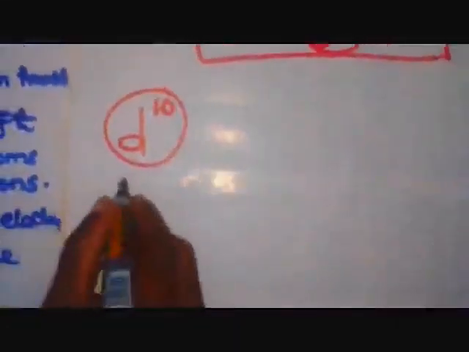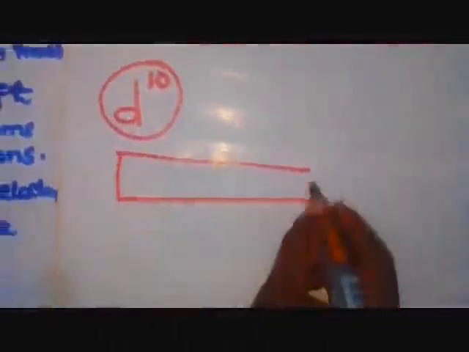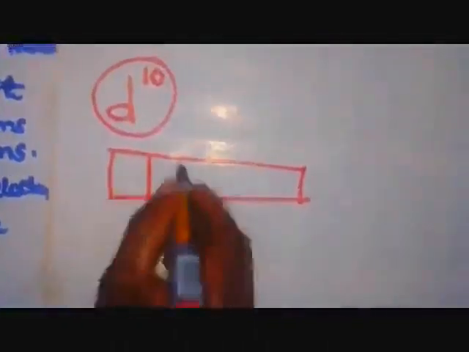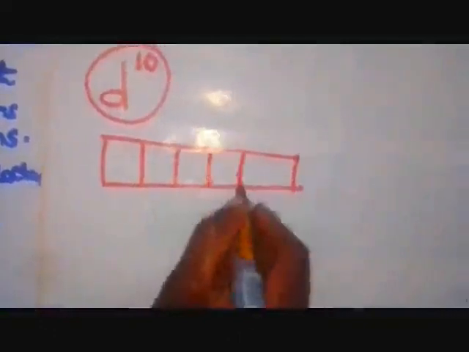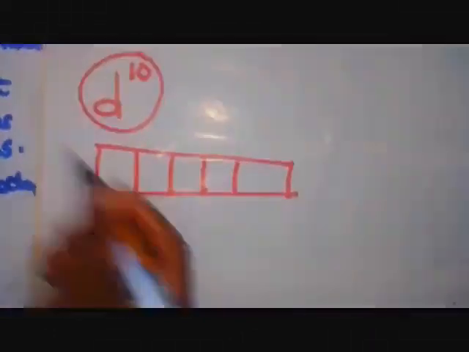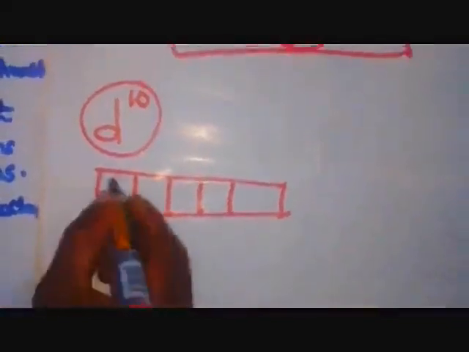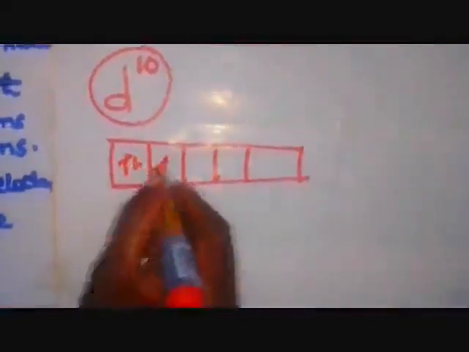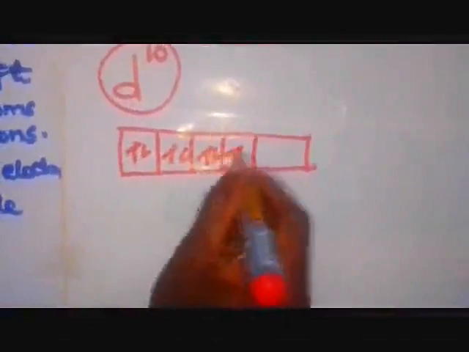That means it has 5 orbitals: 1, 2, 3, 4, and 5. Each orbital accommodates 2 electrons, if we have good spin, as Pauli and Hund said.